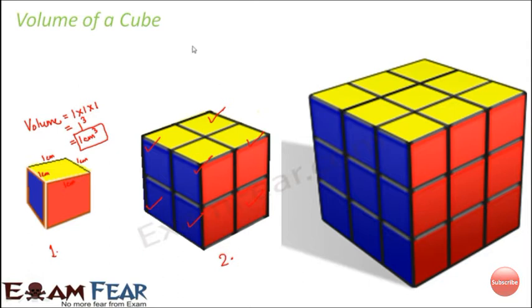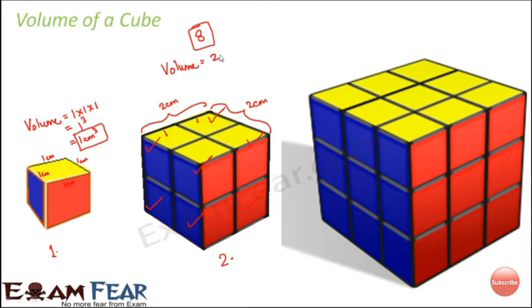So you have a total of 8 cubes. When you have these 8 cubes together, it forms a bigger cube. Why? Because now the length of each side is not 1 centimeter. Instead it is 1 plus 1, that is 2 centimeter. So the length of each side of this cube is 2 centimeter. What would be the volume of this cube? The volume would be 2 into 2 into 2, that is 2 cube, which is equal to 8 centimeter cube.